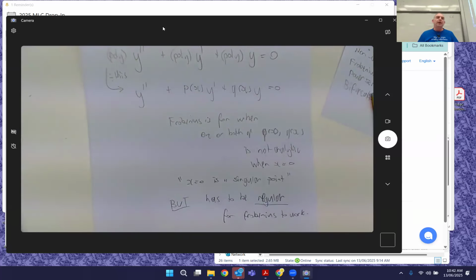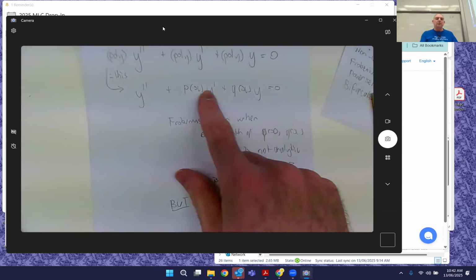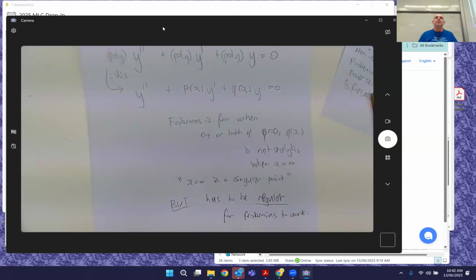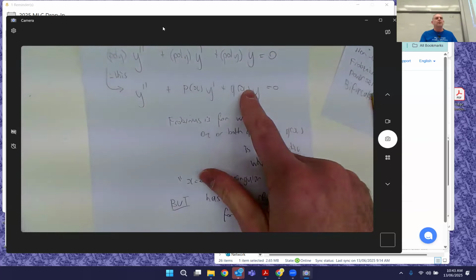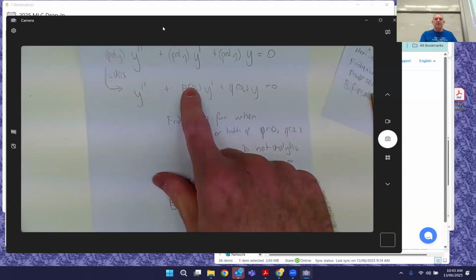And ultimately, all that means is that if you multiply this one by x squared and this one by x, then you remove the bad bit of the polynomial of the denominator. Or is it this one by x and this one by x squared? x there and x squared there, yeah.